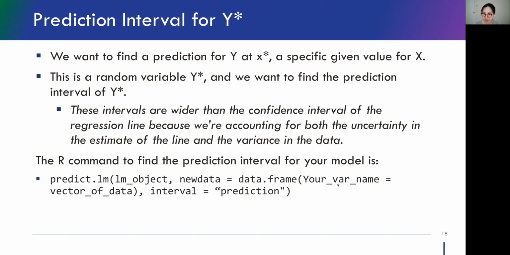So the variable name, if you call it x, equal to a vector of data. So you have a whole vector of data to predict. You just specify what the new x value is, and that will give you the prediction interval for the corresponding y star. And you specify the interval being prediction interval. So that will give you prediction interval.